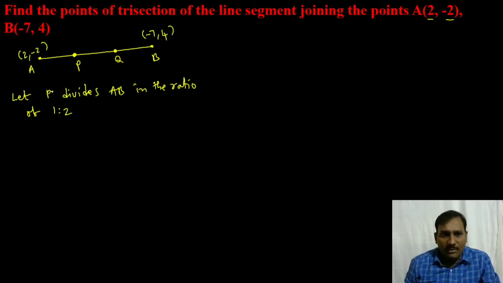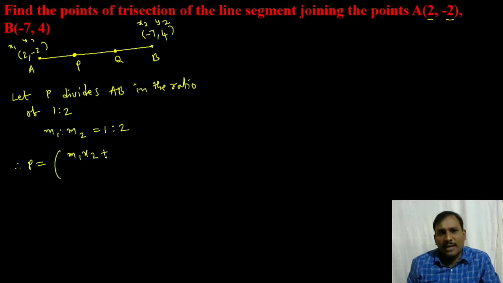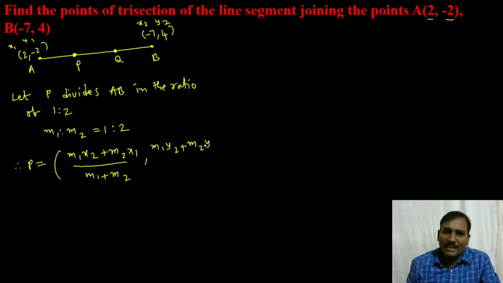Now, by using the section formula, this is x1, y1 and this is x2, y2. And what is m1:m2 in this case? It is 1:2. So therefore, P is equal to, let us write the formula again, (m1x2 plus m2x1) by (m1 plus m2), comma, (m1y2 plus m2y1) by (m1 plus m2). Let us substitute the values of x1, y1, x2, y2 and m1, m2.